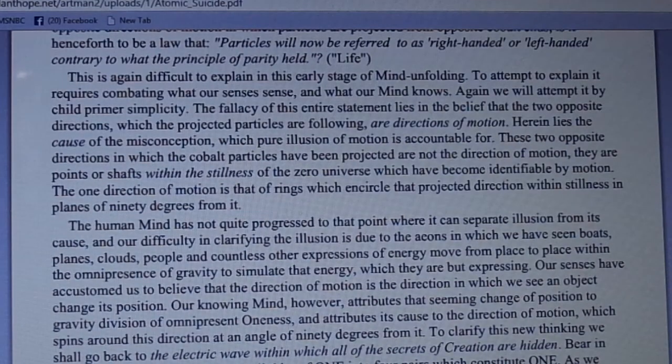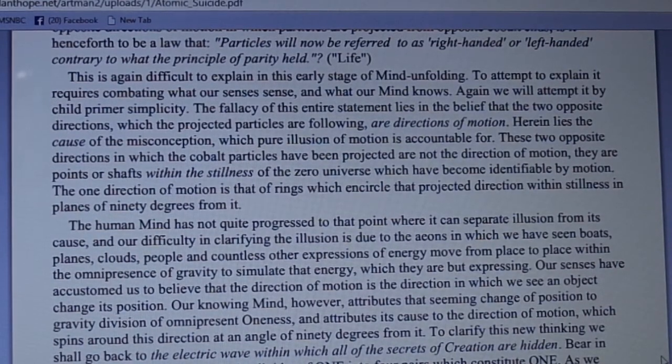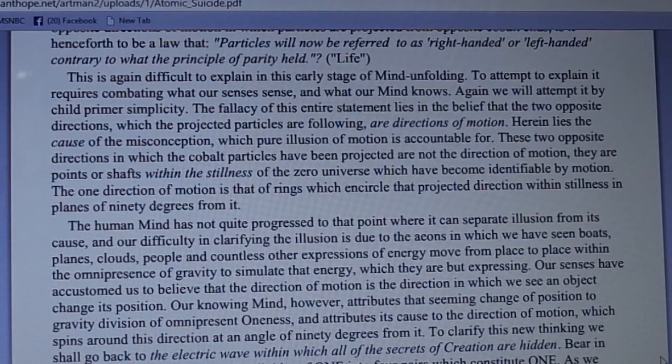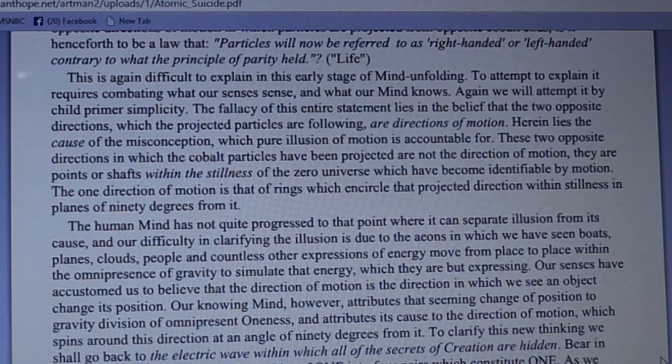The human mind has not quite progressed to that point where it can separate illusion from its cause, and our difficulty in clarifying the illusion is due to the eons in which we have seen boats, planes, clouds, people, and countless other expressions of energy move from place to place within the omnipresence of gravity to simulate that energy, which they are but expressing.